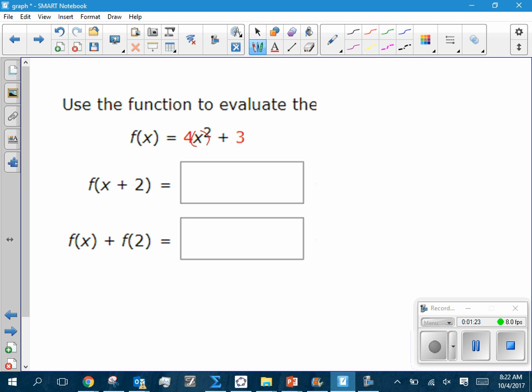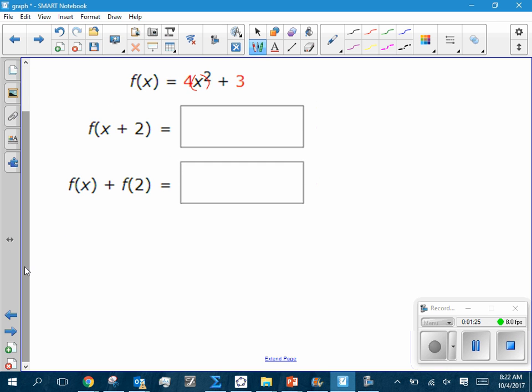So if we go ahead and start substituting, okay, understand that when we go f of x plus 2, that means everywhere that I saw an x in the original function, I'm now going to replace it with the x plus 2, right? Okay. So what I like to do is I like to just go through however many times I see the x, I just put in parentheses first, okay?